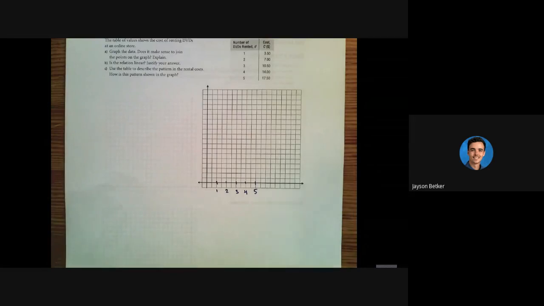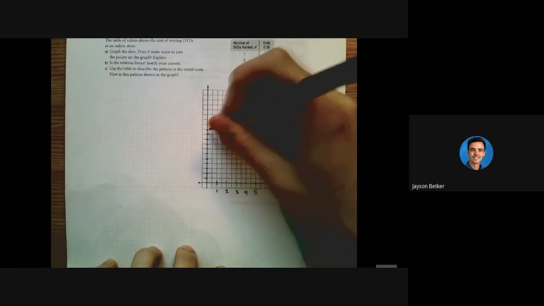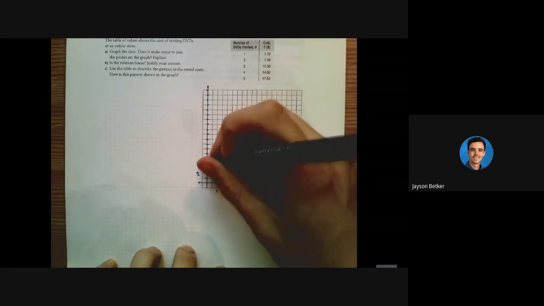And then we have to get up to 1750, so we'll just do 1 for every one, up to 19. So we'll go 2, 4, 6, 8, 10, 12, 14, 16, 18.